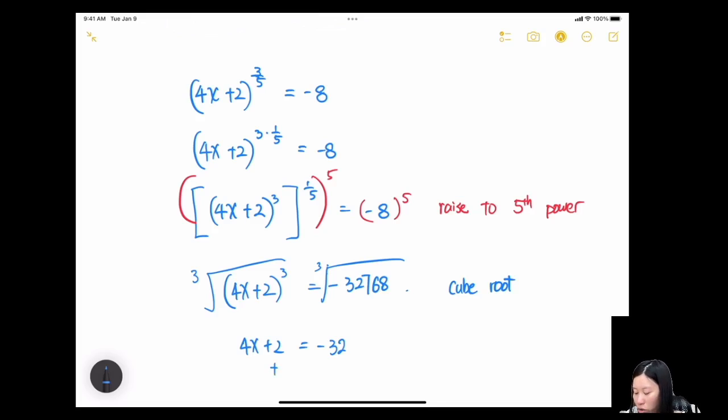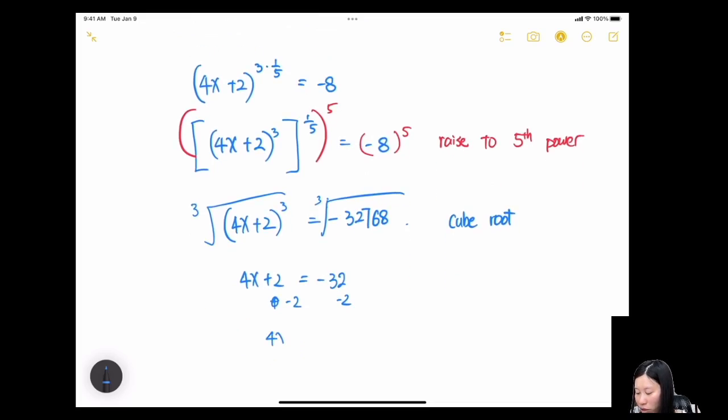You subtract 2 on both sides. I have 4x equals negative 34, and then divided by 4, I have x equals negative 34 over 4. This is not done. You still need to reduce the fraction. So that here equals negative 17 over 2, because they have a common factor of 2.